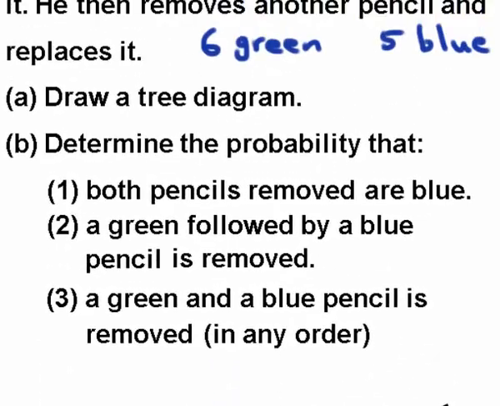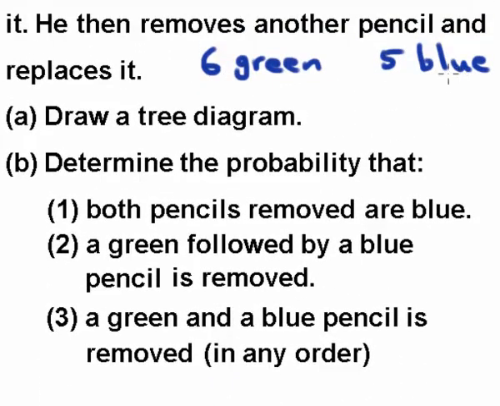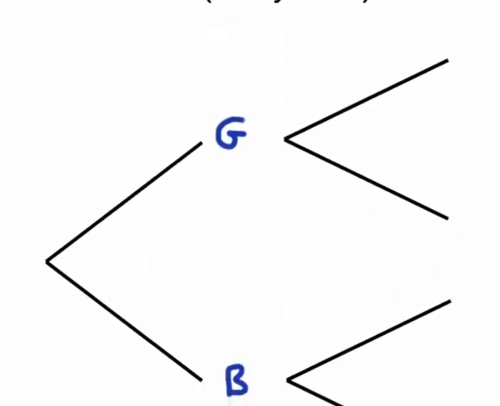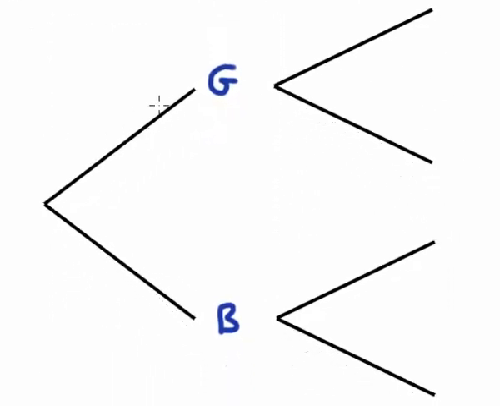So if you look at the first time he removes a pencil off the table, we could have got a green or a blue. Now remember, there's a total of 11 pencils. There's 6 green and 5 blue. So what is the probability that the first time round he draws a green?